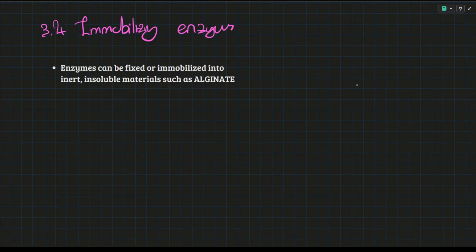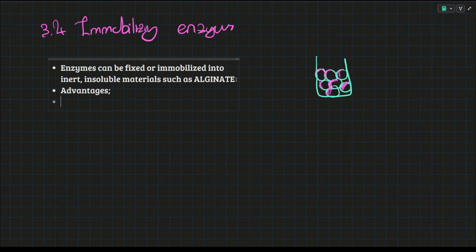Simply speaking, it's a bead. You can have a container full of these beads. Bead, bead, bead, alginate bead, and on the surface of this, you can coat the enzyme, fix the enzyme, or in better terms, immobilize the enzyme. Like so. These are known as alginate beads most of the time.